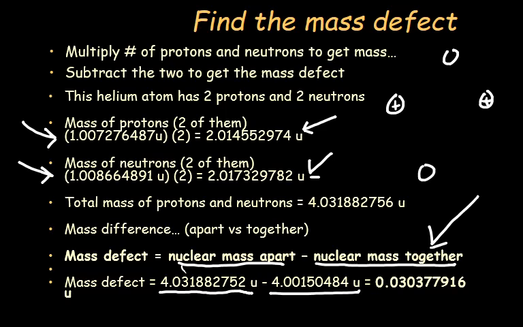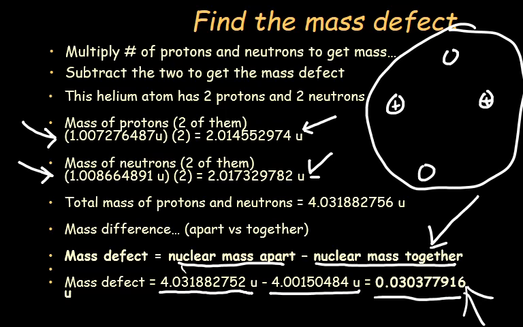If you think about this, it looks like it's violating the conservation of mass. The mass is not the same. And so we get this mass difference, 0.030377912 U. That's the difference in mass. That's crazy to think about. How could it be that the mass of these protons and neutrons apart is different than them just being all together like this?